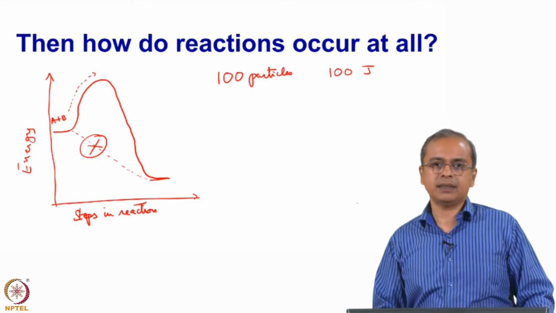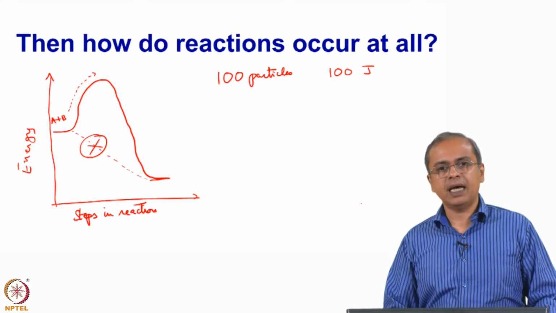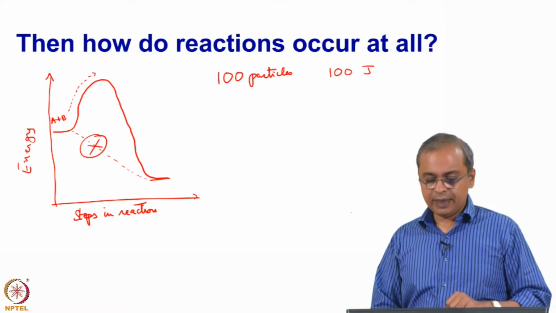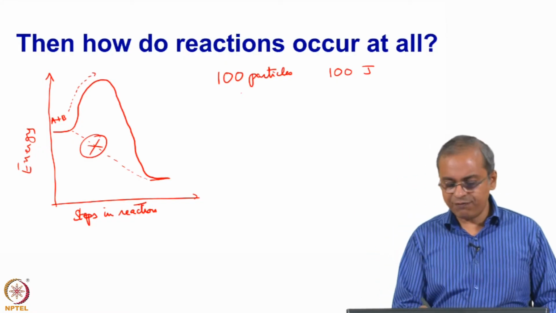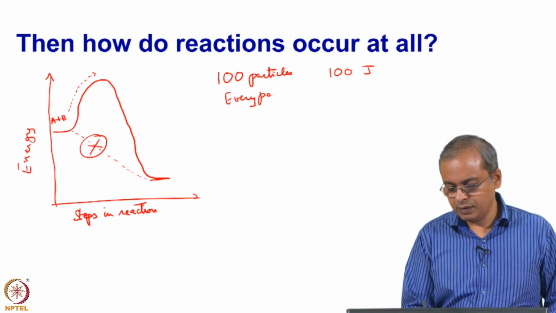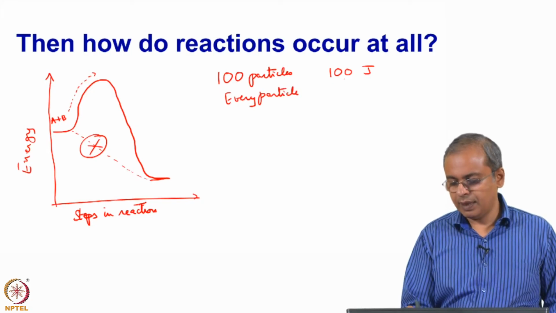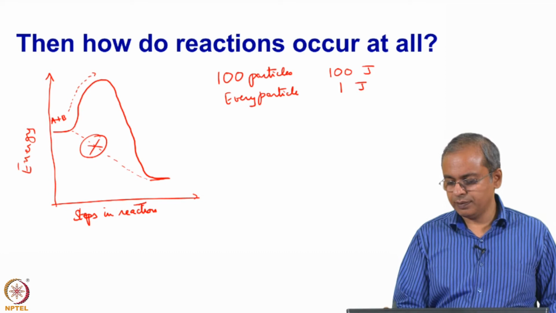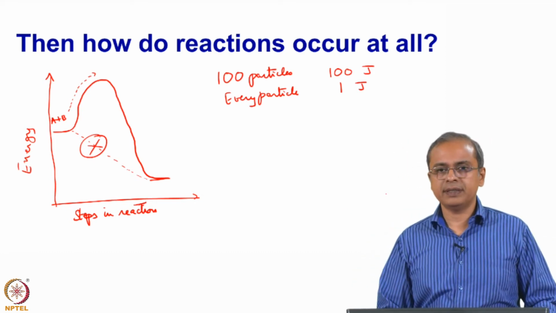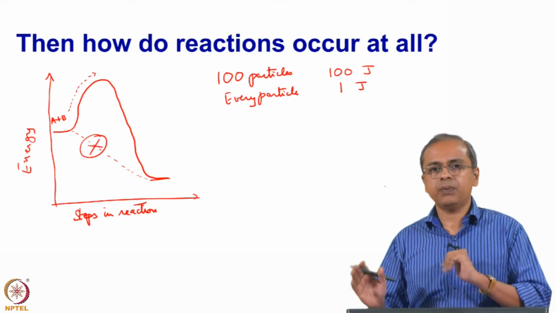Let us say this is the system that you have, 100 particles having 100 joules. One way to look at this system is to think of it as a system where every particle has exactly 1 joule.